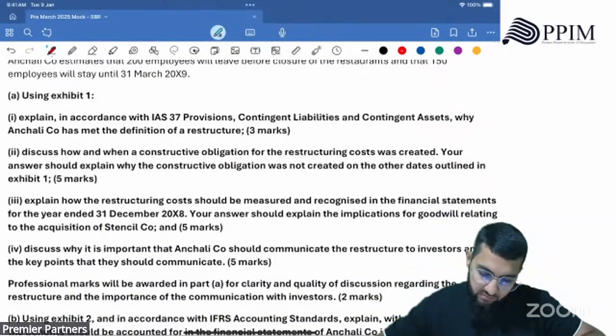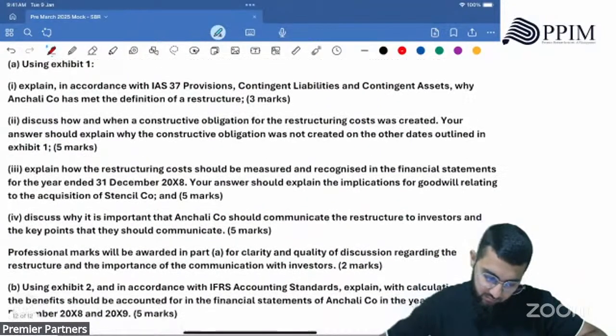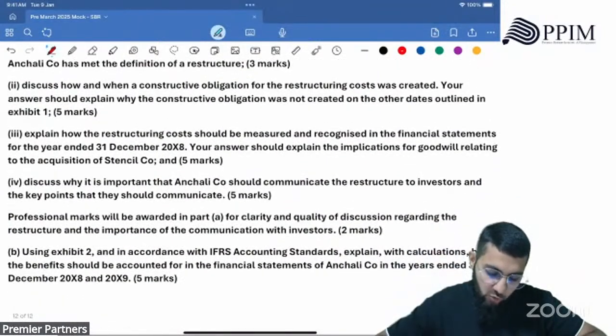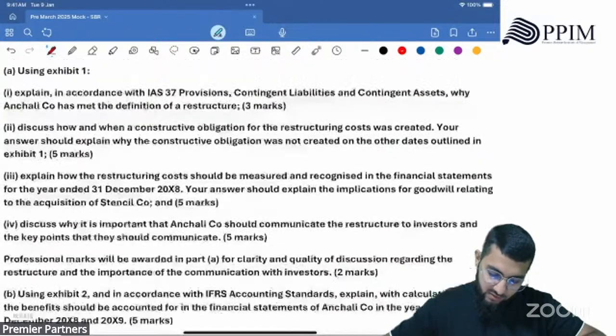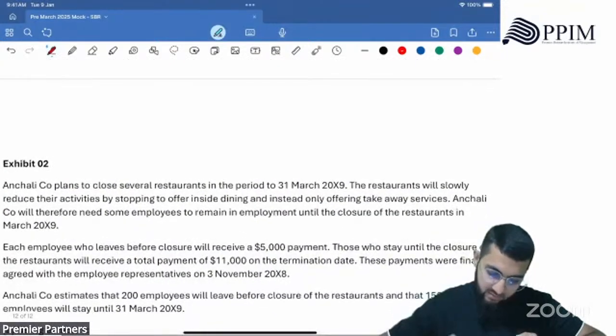IAS 37. Goodwill. Restructure. Employee benefits. When they say benefit, I'm assuming it's employee benefits, right?